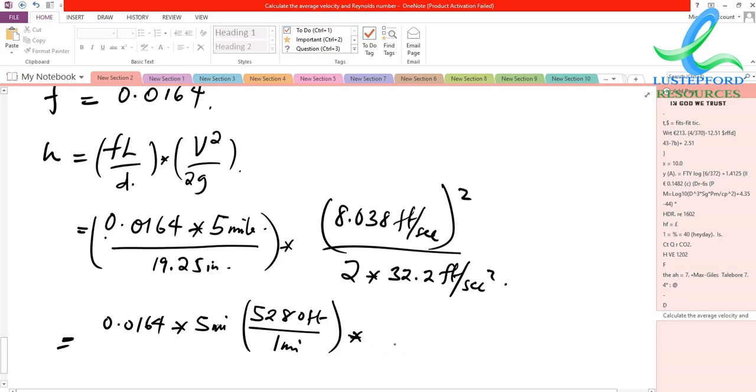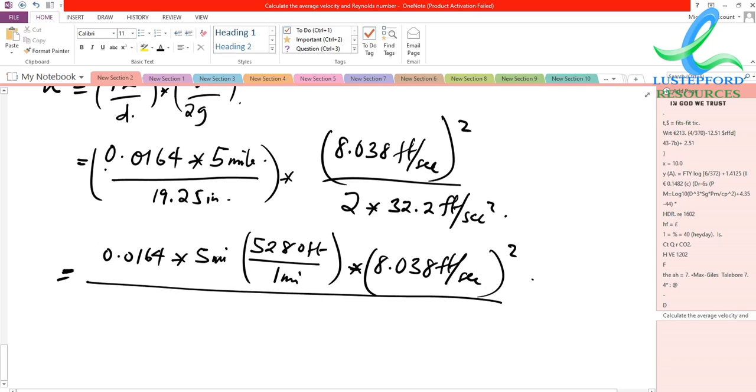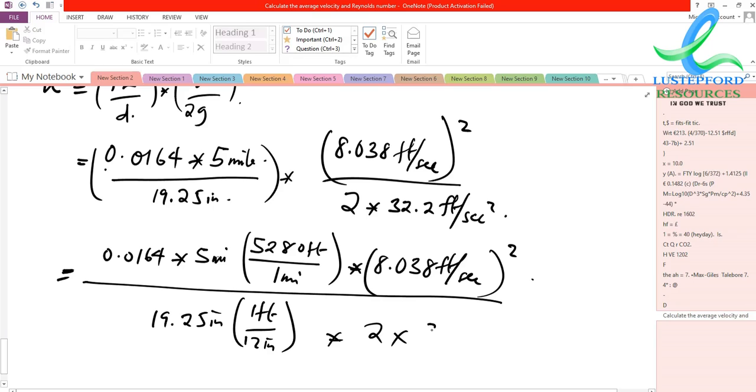Now times 8.038 feet per second square. Divide by 19.25 inches times 1 foot divided by 12 inches times 2 times 32.2 feet per second square.